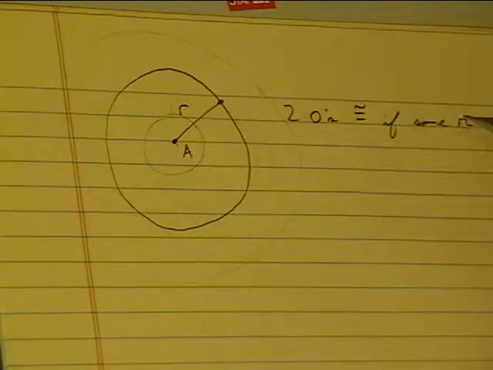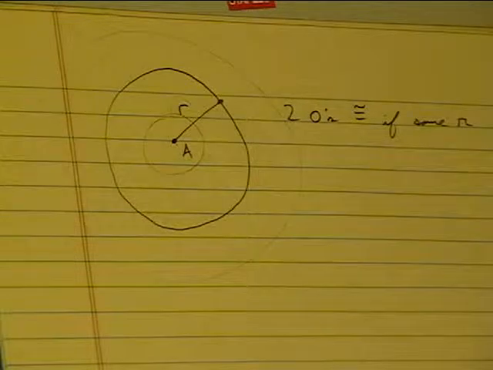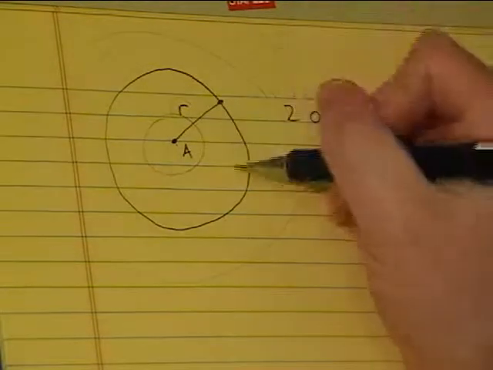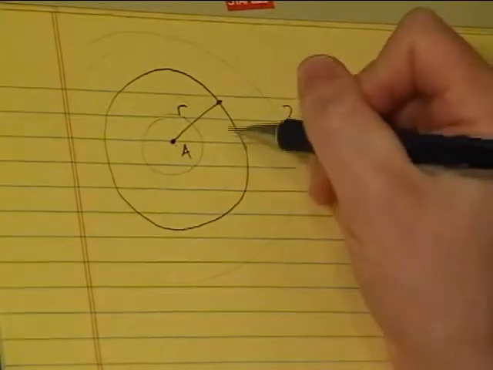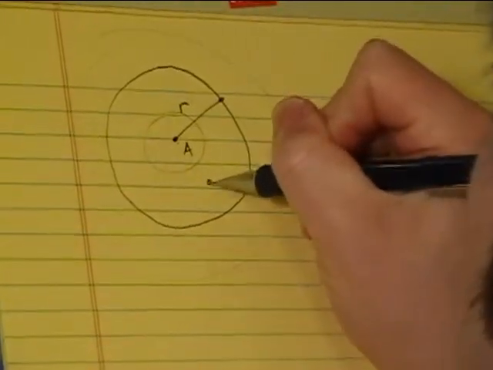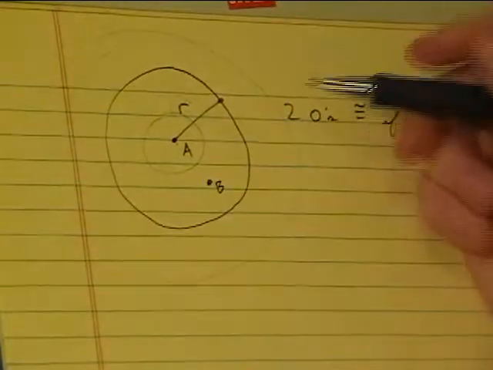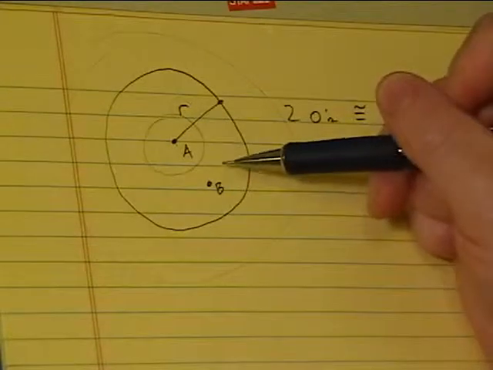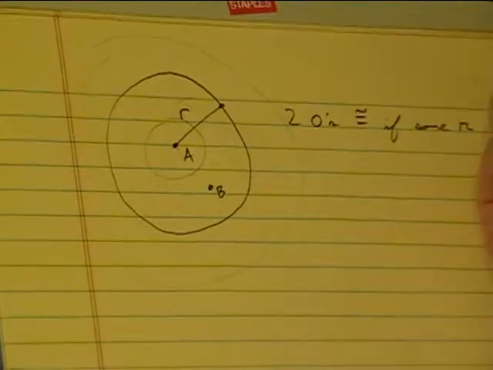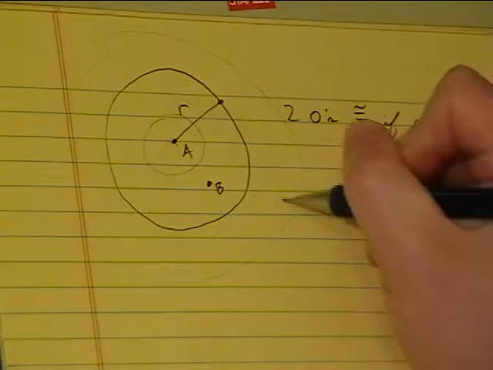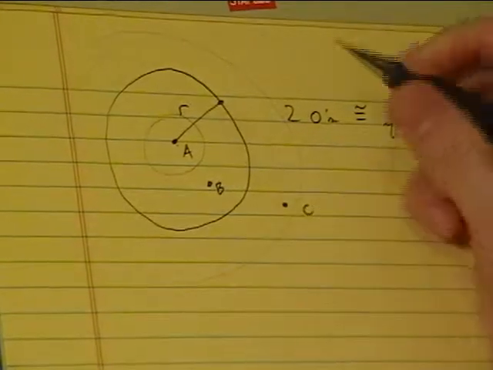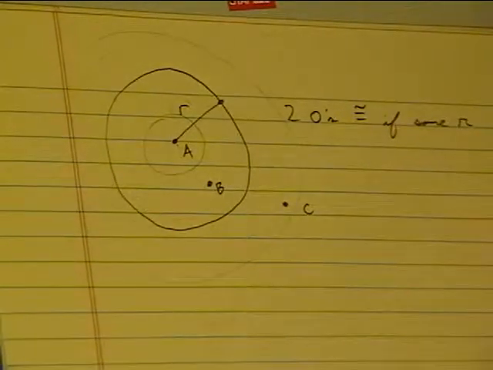A point on the inside, in the interior of the circle, let's say, let's take this point here. Let's call this point B, right? Now, look, you know it's on the interior of the circle because you can see it, right? And you know that this point here, if we call that C, that's exterior of the circle.